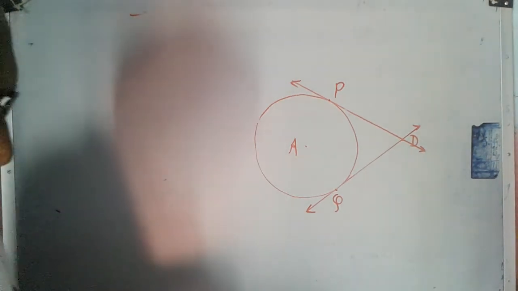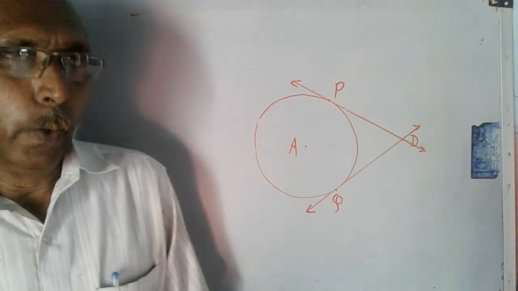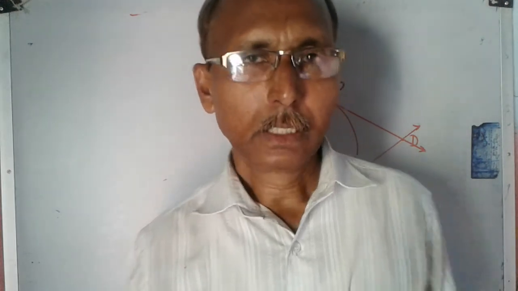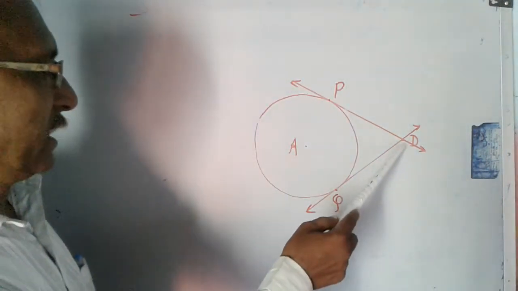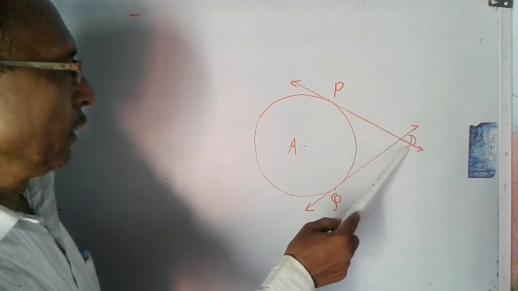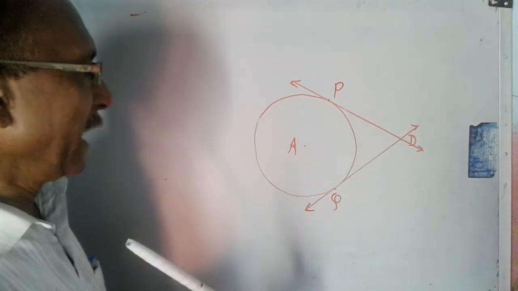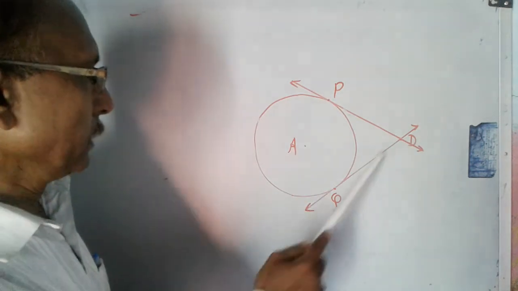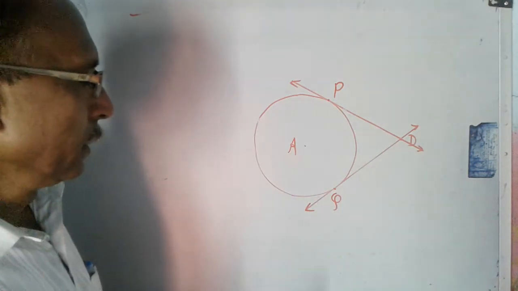That means we can draw only two tangents to the circle from its exterior point. Point D is in the exterior of the circle, and from point D we can draw only two tangents. Here in the figure, PD and QD are two tangents.